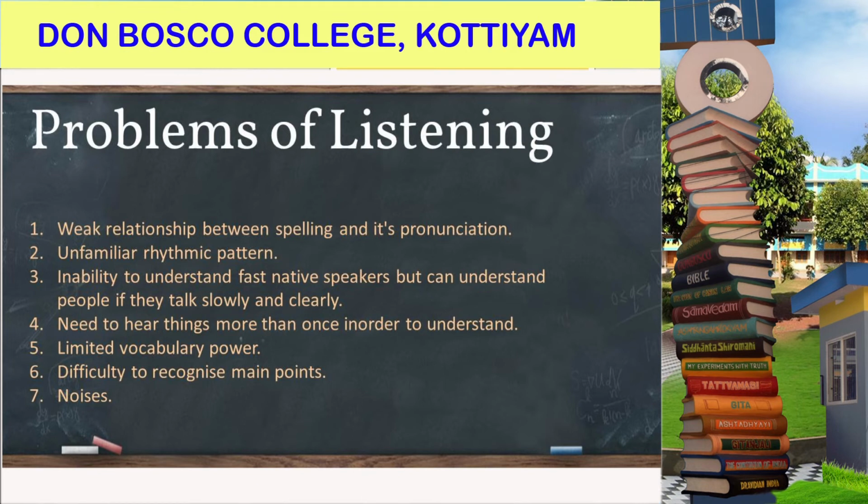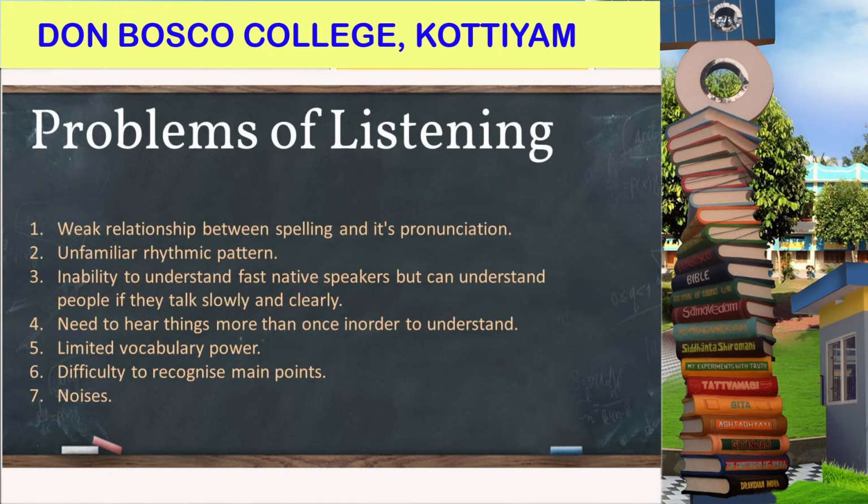In an unphonetic language, there is not a one-to-one relationship between the sound and the spelling that represents it. That is why English is an unphonetic language. So the first difficulty of listening is the weak relationship between English sounds and the way they are spelled.